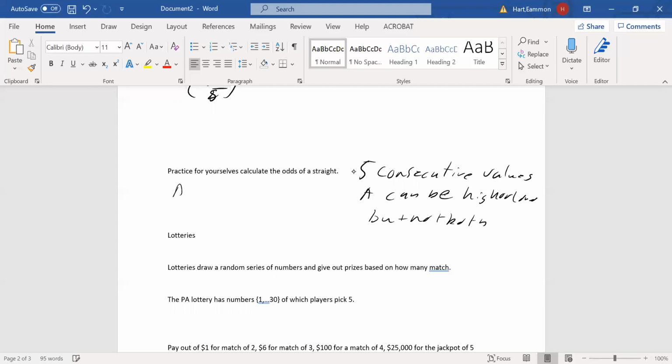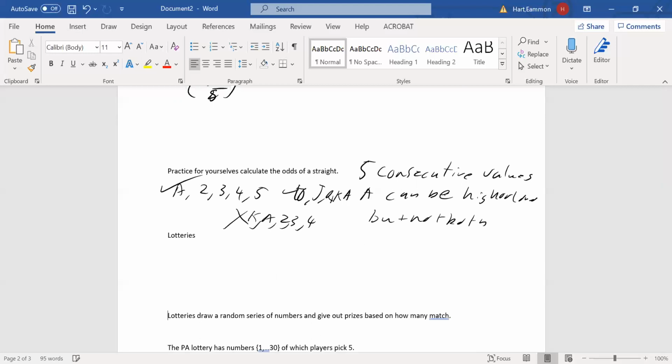So you can have ace, 2, 3, 4, 5, or you can have 10, jack, queen, king, ace, but you can't have something like king, ace, 2, 3, 4. This is good, this is good, this is no good. And they can be any suit that they want.